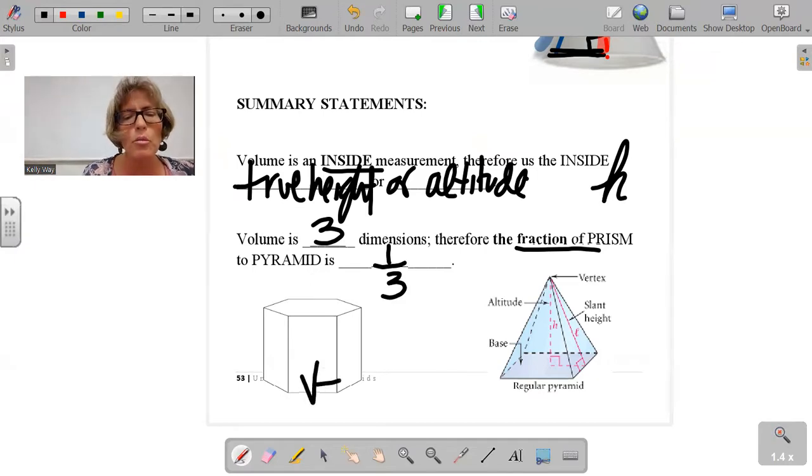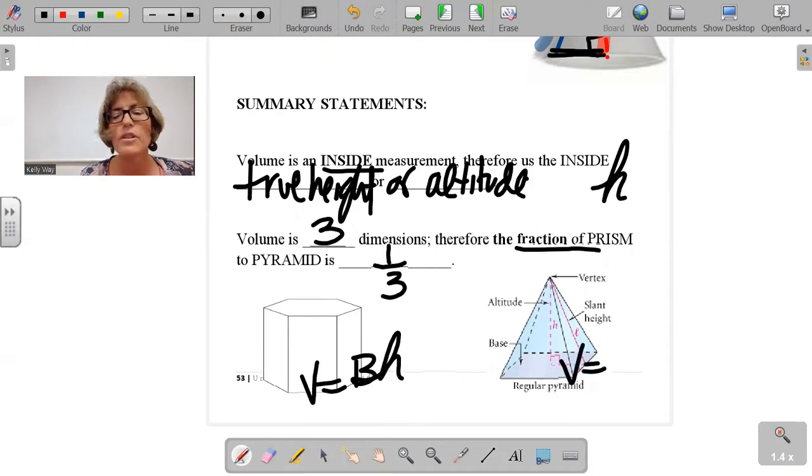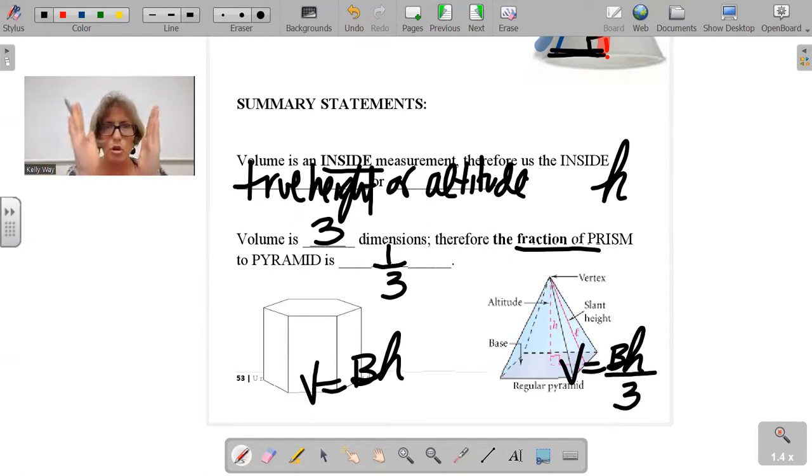So the volume of a prism is base times height. Volume of this similarly shaped pyramid is base times height divided by 3. You lose by a factor of 1/3. Volume is 3 dimensions.